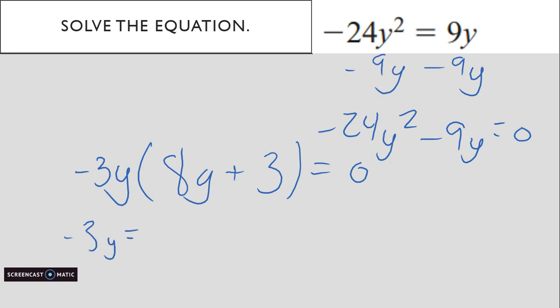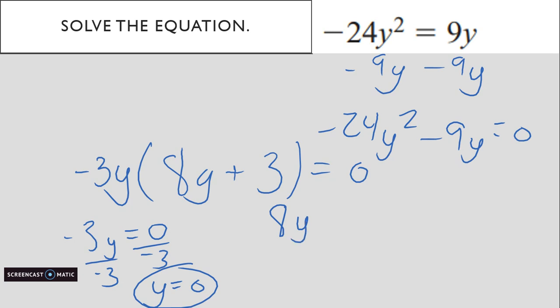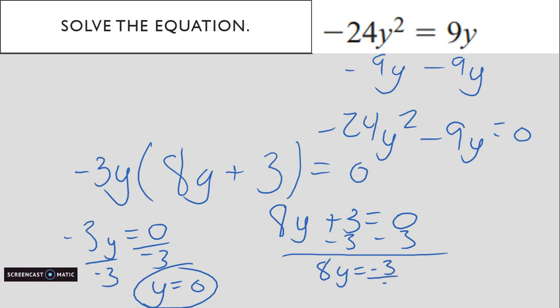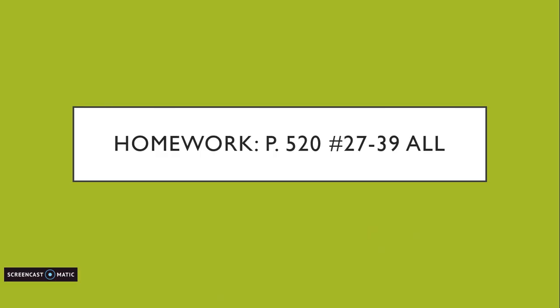Still going to set up two equations. Divide by negative 3 this time: y equals 0, option 1. Other equation: 8y plus 3 equals 0. Subtract 3 on both sides: 8y equals negative 3. Divide by 8: y equals negative 3 over 8 is our other option.